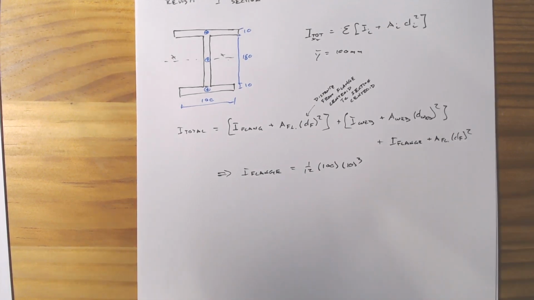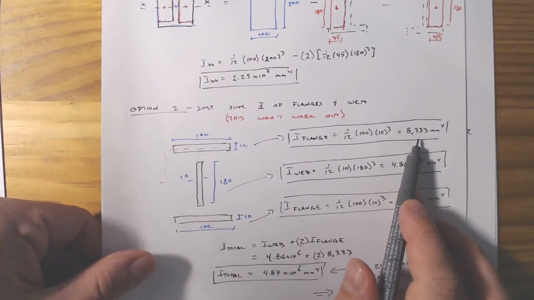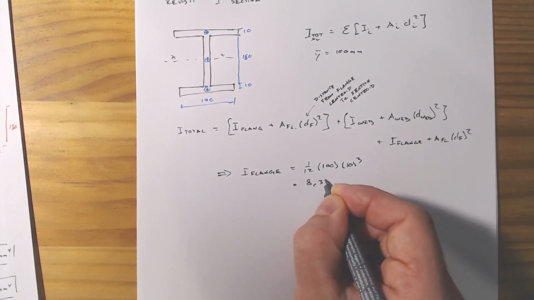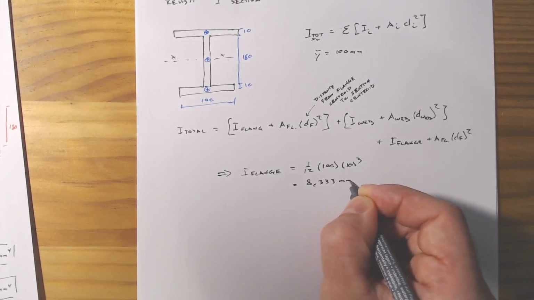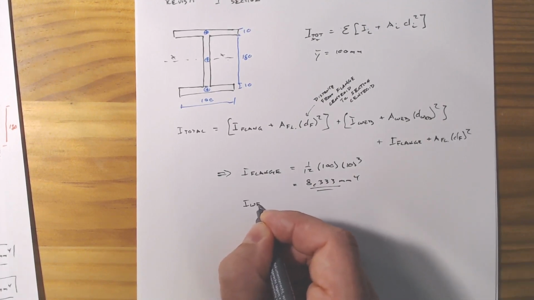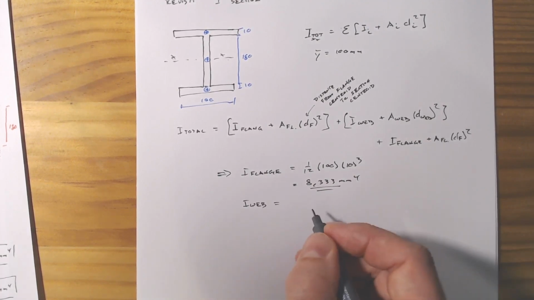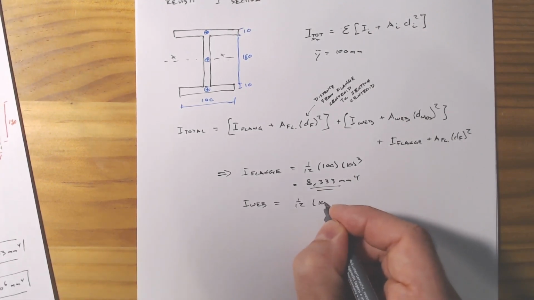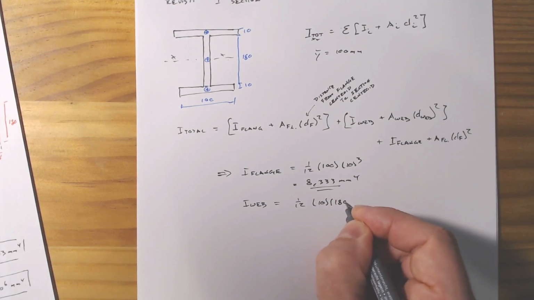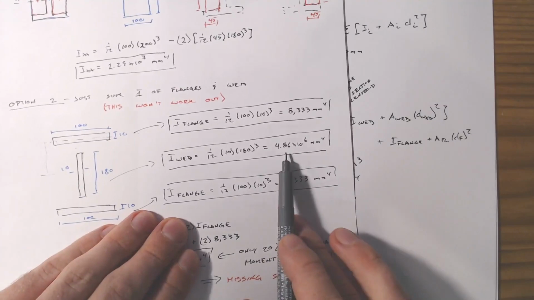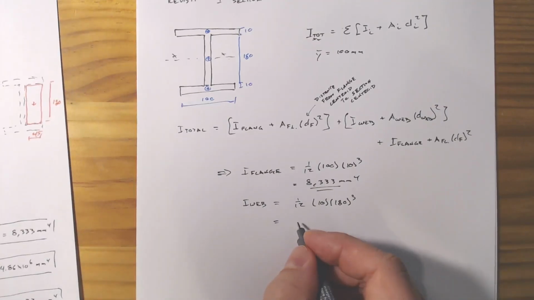And we already worked out that that's simply going to be 8,333 millimeters to the fourth. I web, again, is 1 over 12 times 10 times 180 to the third. And we've worked out previously, that's 4.86 times 10 to the sixth.